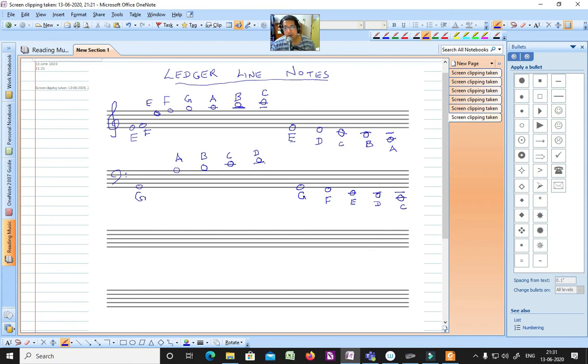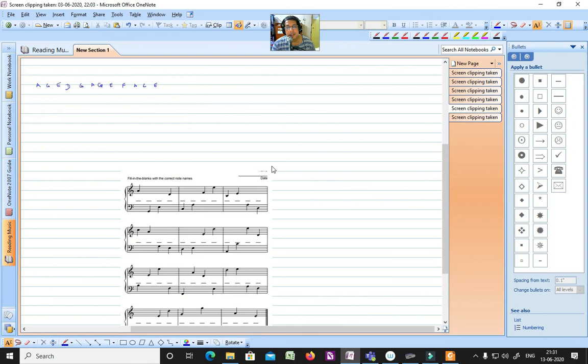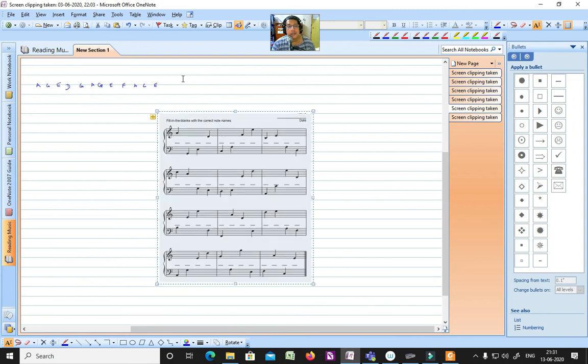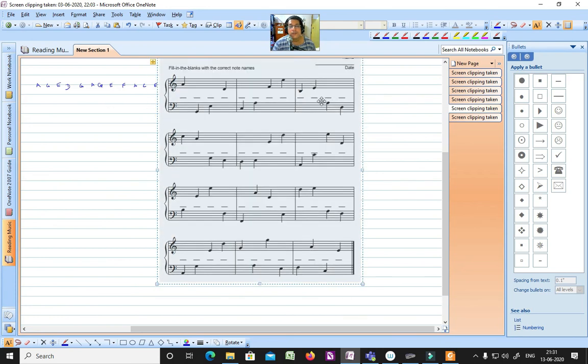So you can go back to the previous exercise and check those notes that we had done. Let us do that. Let us have a look at it. Okay, let us see this. I'm just going to zoom it a bit. Okay.